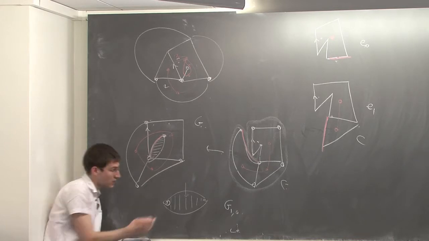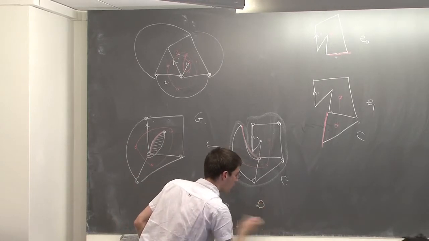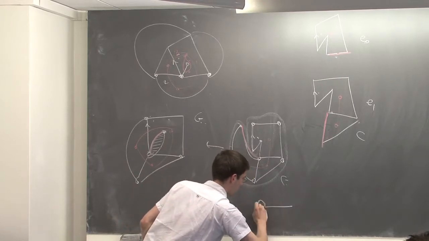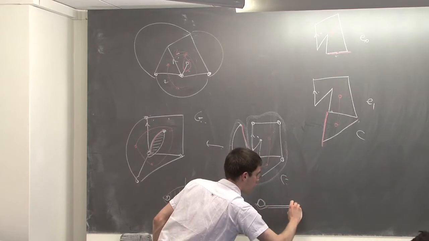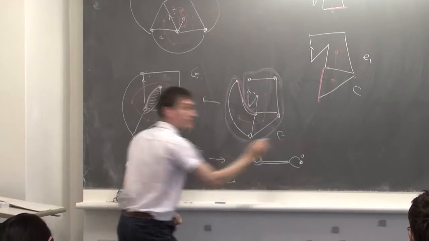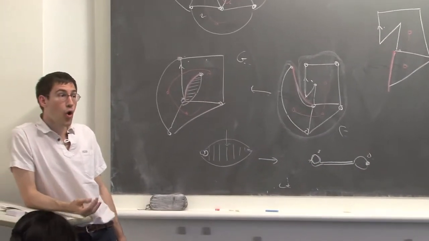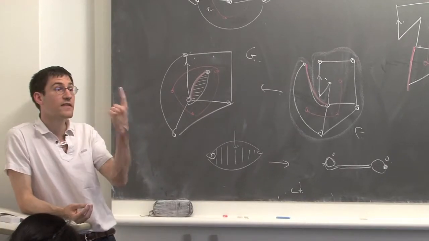You can actually see this as a hole of perimeter 0 and a hole of perimeter 0 there. 0, 0. And what is a hole of perimeter 0? It's a single point.